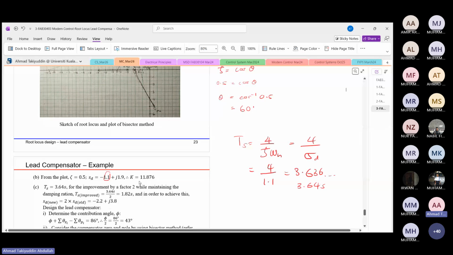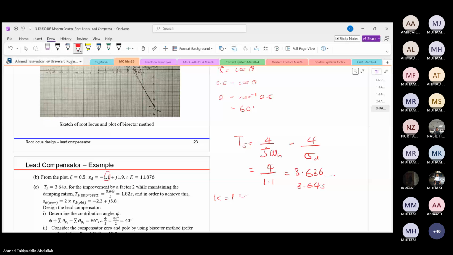So you're going to have your K as the magnitude of (s+2) squared (s+3), where s is equal to -1.1 + j1.9.